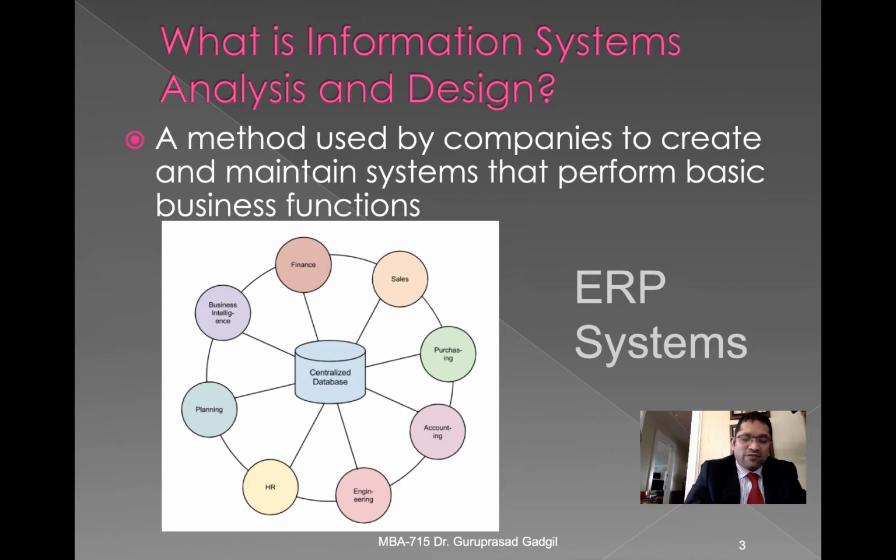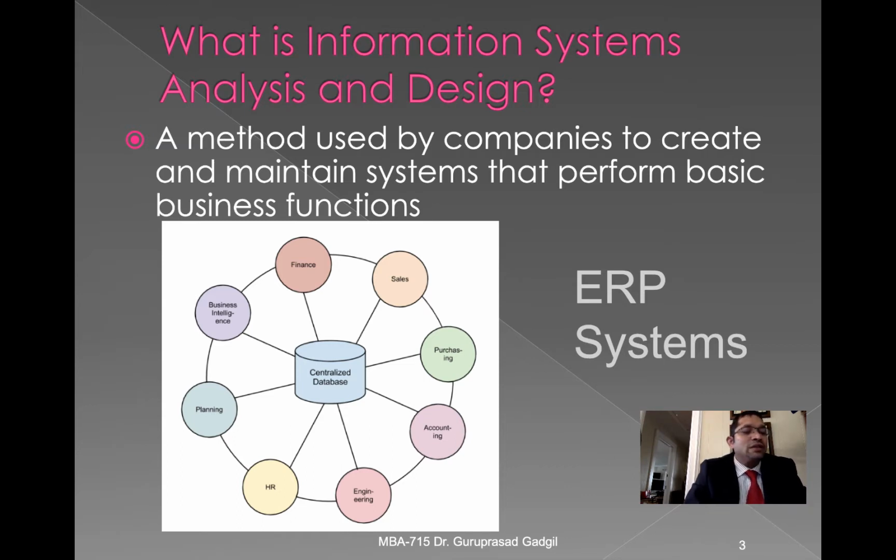Each of these business functions has numerous processes associated with them. A business process is a series of tasks that are completed in order to accomplish a goal. So business processes are something that businesses go through every day in order to accomplish their mission. Information technologies are used to support these business processes.